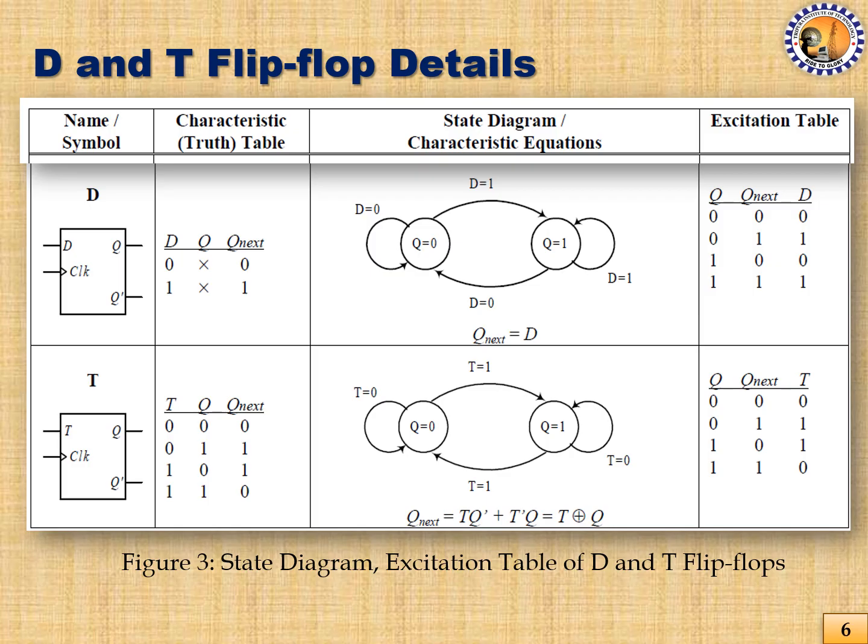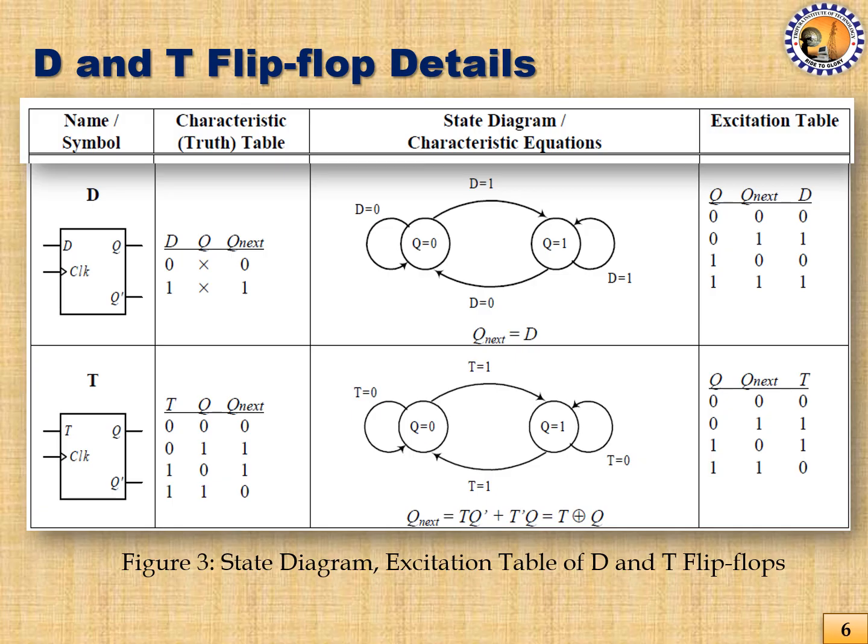That means it will not make any state change. But when we make T equal to 1, which is the toggle condition in case of the T flip-flop, then the next state will be just the opposite of the present state. So the present state is 0, that's why the next state will be 1, and vice versa in the last condition.